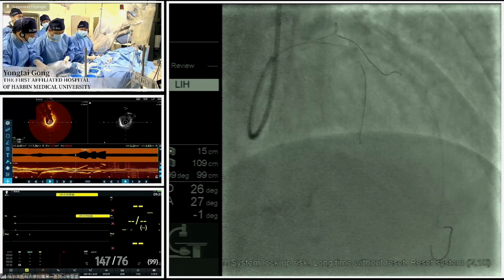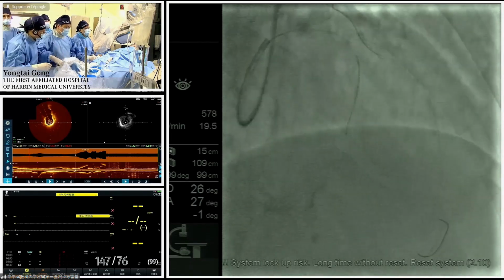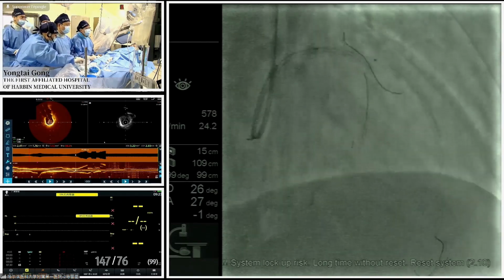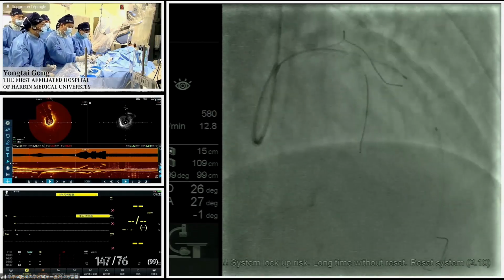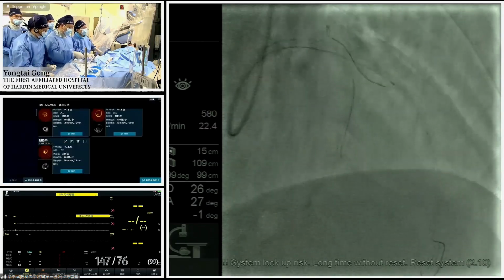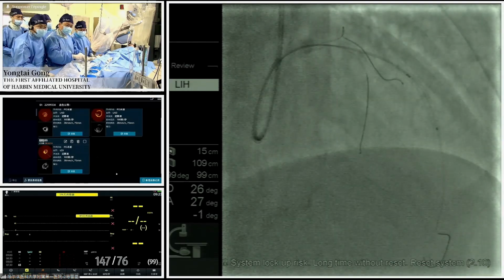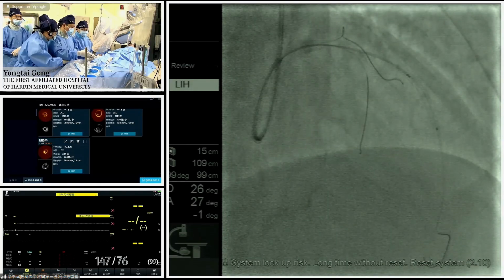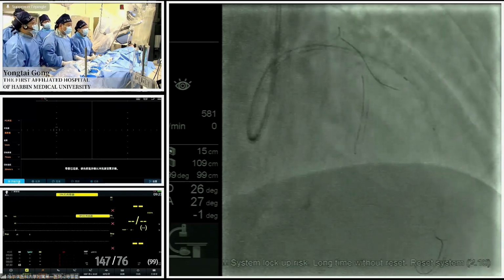But this idea is very genius, I think. It's one pullback, two images, IVUS and OCT, in one screen. Fantastic. The best advantage of this integrated system is it can complement each other's disadvantages.